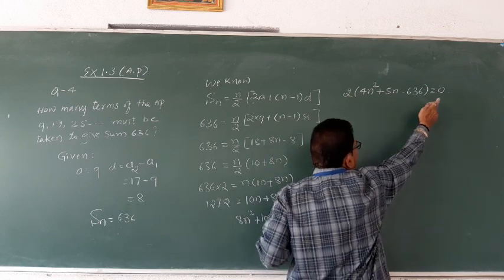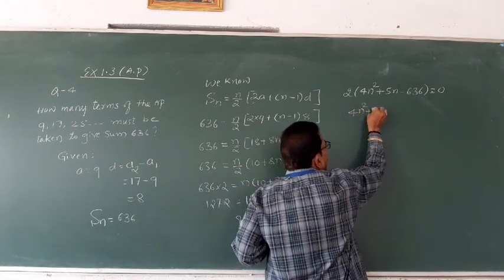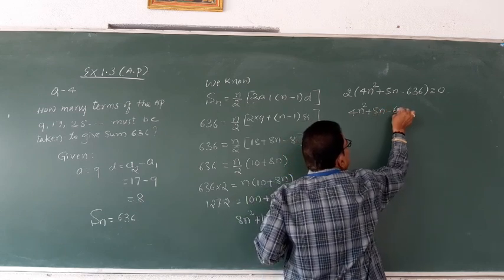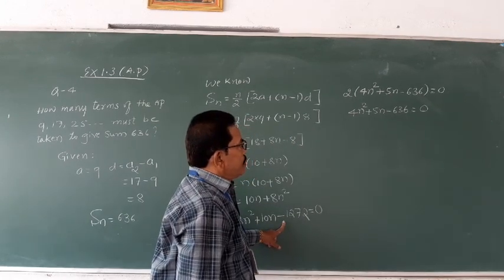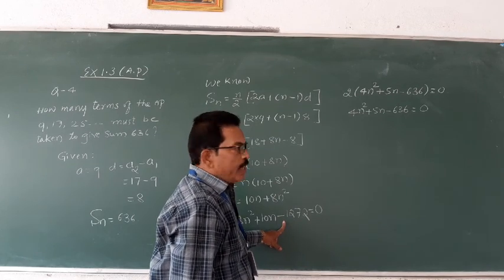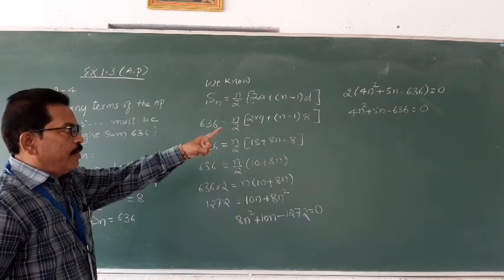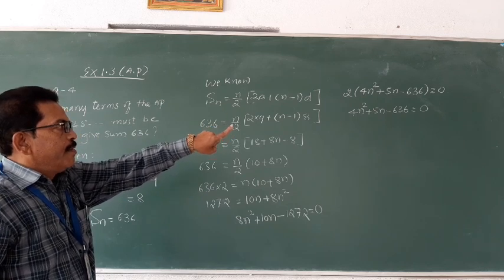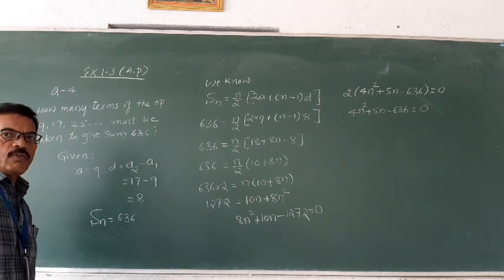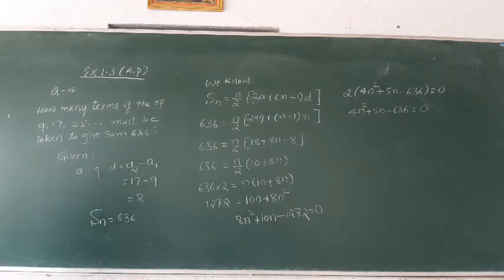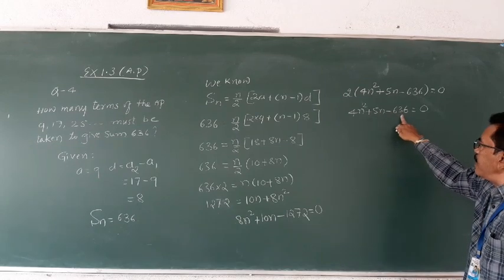Then 2 is the coefficient of this expression. If it is transferred, that becomes 0 by 2. So the given expression will be 4n square plus 5n minus 636 equals 0. Now we have to factorize 4n square plus 5n minus 636 equals 0.